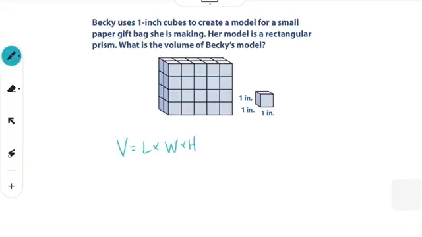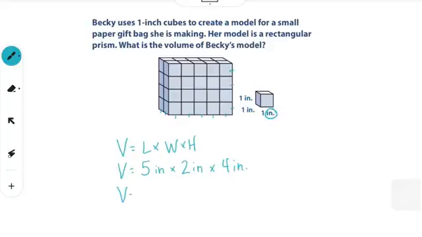So now I'm going to go back and plug in the numbers. V equals, first thing I'm going to do is look at length. 1, 2, 3, 4, 5, and I know this is inches, so I'm going to say this is 5 inches, times the width, which is 2, times the height, which is 4 inches.